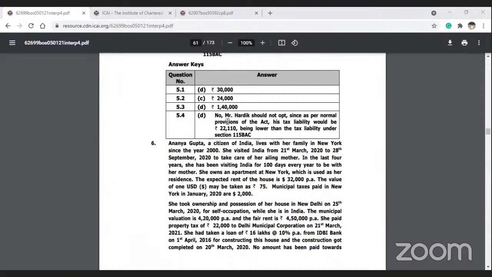I have a doubt: for September, do we take 28 days or 27 days? 28 days. 60 days is replaced by 120 days in case of a PIO visiting India, correct? Yes, 120 days. No, 182 days. 60 days are replaced by 182 days, and that 182 is replaced by 120 days, na?